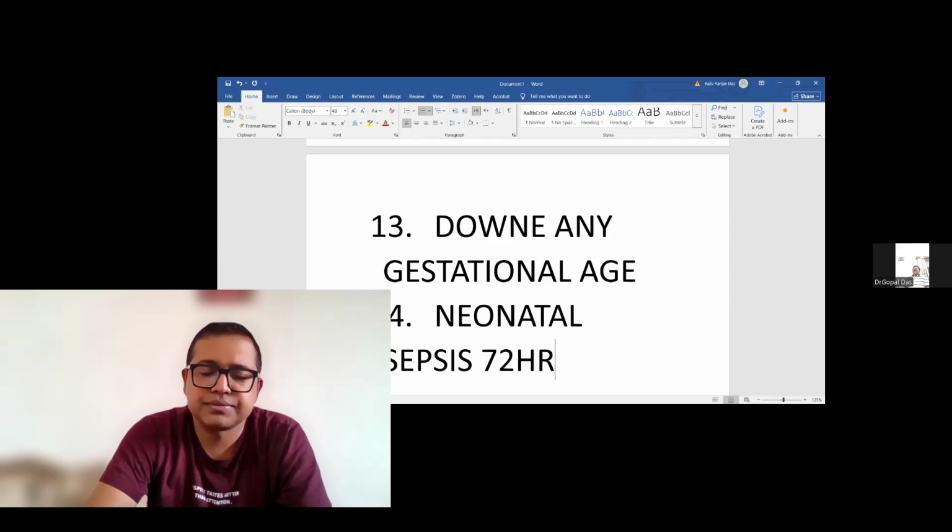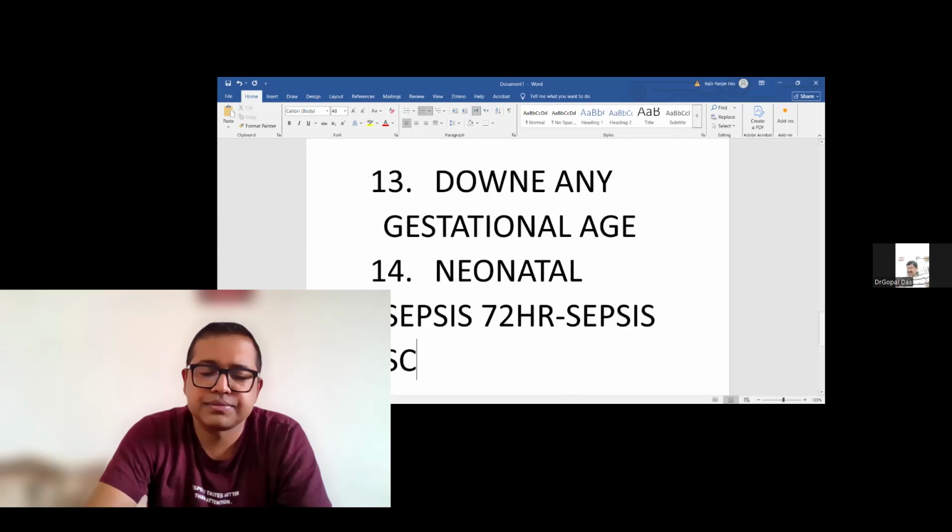There is a parameter known as the sepsis screen. What is sepsis screen? Usually two or more markers are considered significant. Number 1, total leukocyte count less than 5,000 per cubic millimeter or more than 20,000 per cubic millimeter. Number 2, absolute neutrophil count less than 1800 per cubic millimeter.